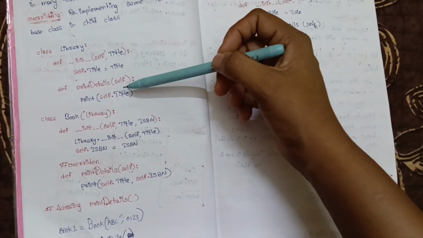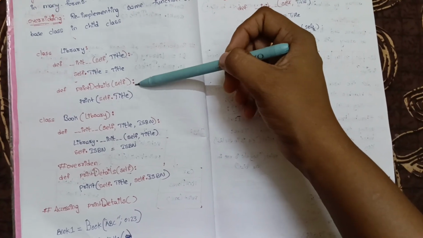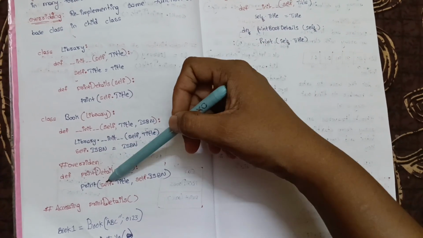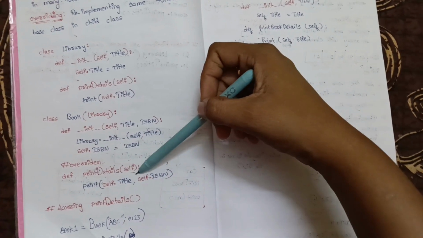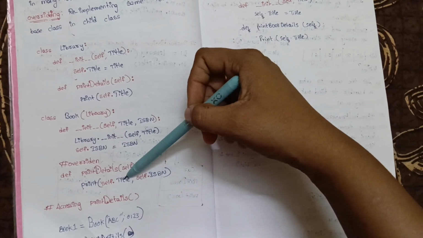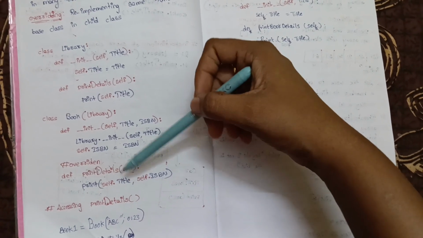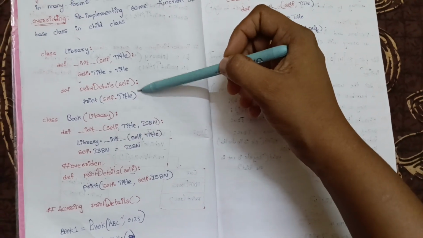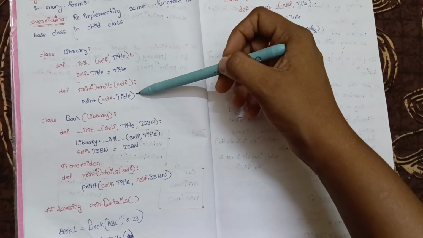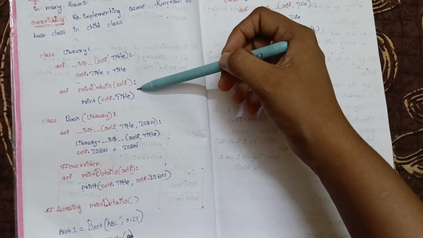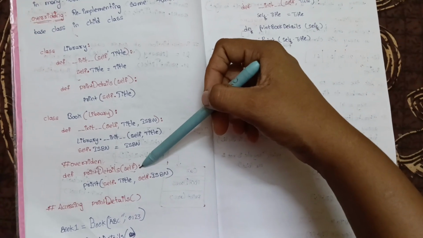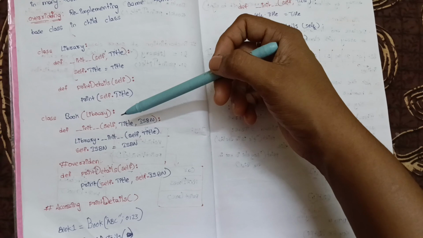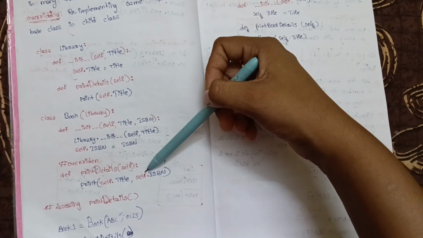Simply, if we write the same named function in the child class and re-implement it, that means we change the logic present in the child class, we call this concept overriding. The superclass method that is being overridden is called the overridden method, and the method that is overriding the parent class method is called the overriding method.